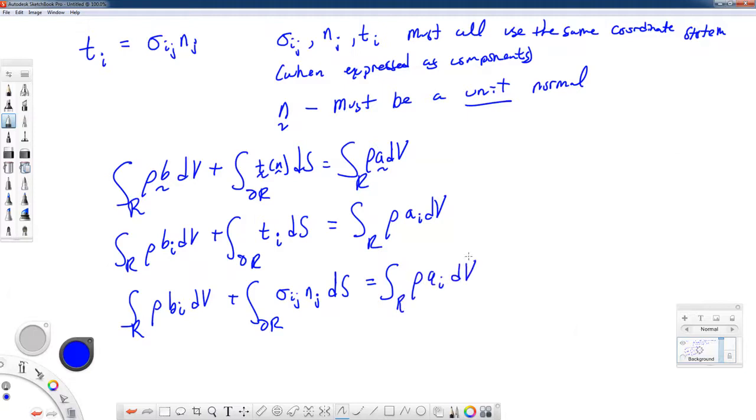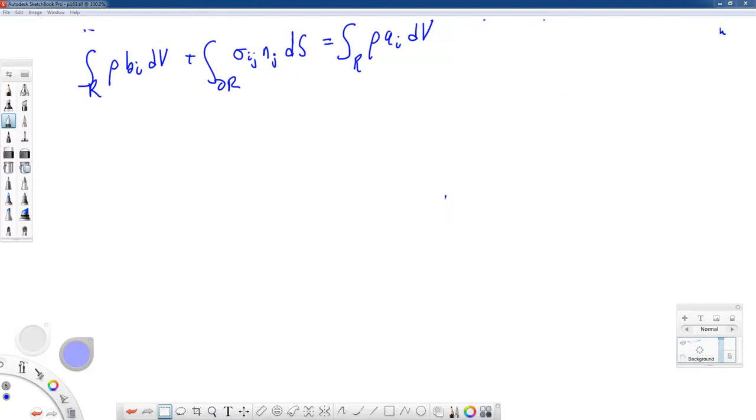Okay, now we have two volume integrals and a surface integral. We really want to have this in terms of all three being the same type of integral. We're going to convert the surface integral into a volume integral. We've talked about how to do this already.